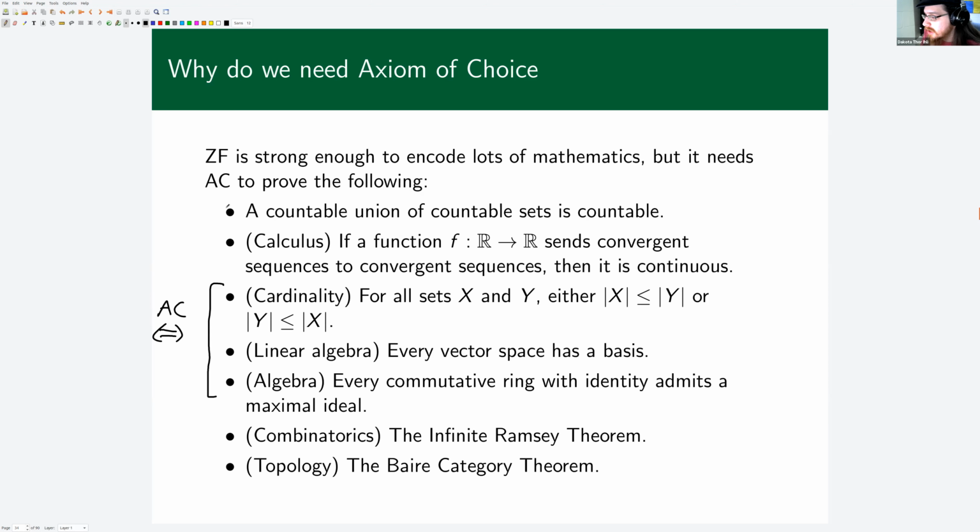Let's see, these, I want to say, are strictly weaker than the axiom of countable choice, the axiom of choice with a little subscript lowercase omega. This one is even weaker than the axiom of choice. This one is equivalent to something called the axiom of dependent choice. I'm not going to define what dependent choice is.